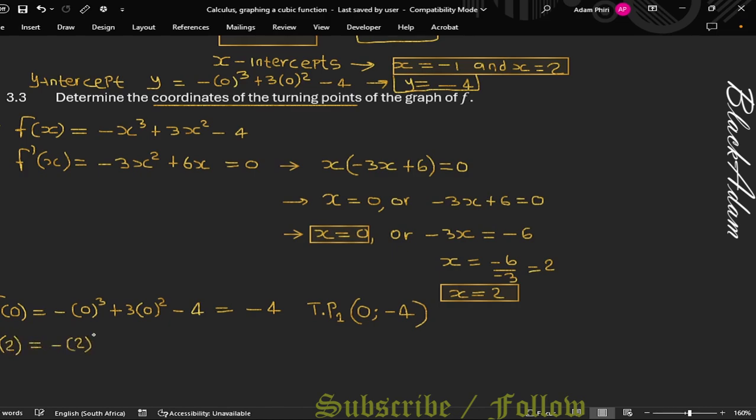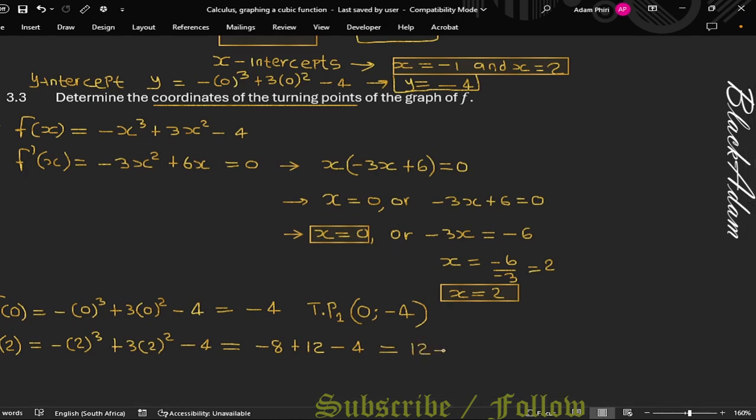So we substitute 2 into the original equation. So it's negative bracket 2 cubed plus 3 times 2 squared minus 4. Once again, the first term will give us negative 8. The second term will give us positive 12, and the third term is negative 4.